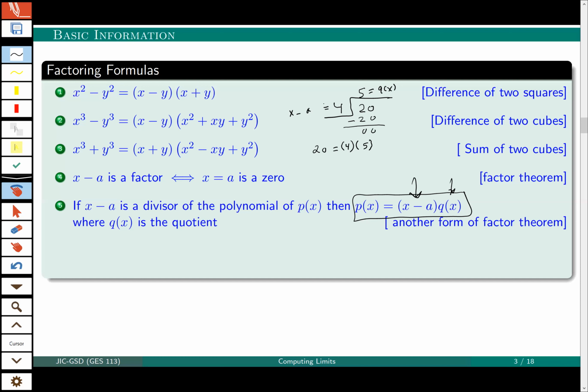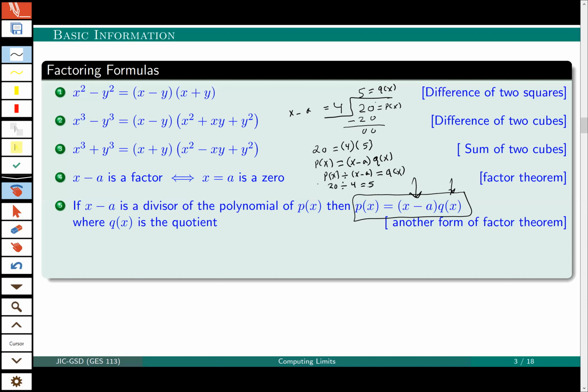So this is actually the polynomial p of x. Our polynomial p of x can be written as the divisor times the result of the division. This is one way to write it. Also, we could write p of x divided by x minus a is equal to q of x, like when we say 20 divided by 4 is equal to 5.